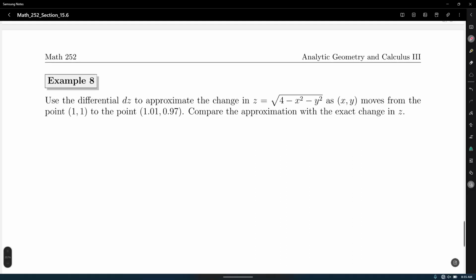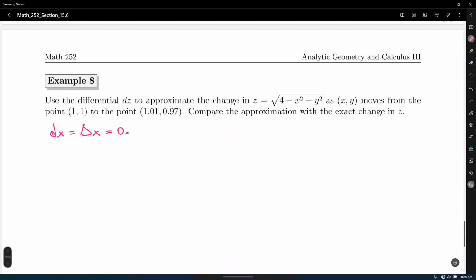So number 1, let's identify our dx. Again, dx is allowed to be our delta x. We can use our delta x to be our dx because, again, we're just approximating. All right? And that delta x, well, how many units are there in difference between 1 and 1.01?